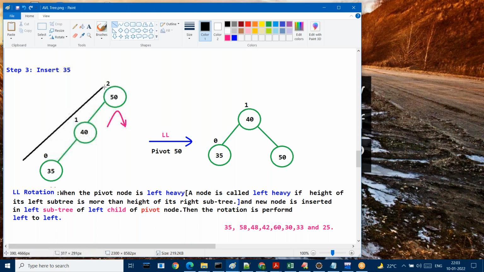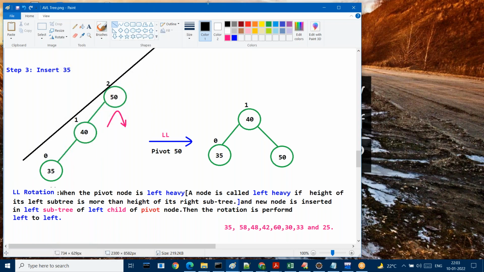So what is the definition of pivot node, sir? In the path from the newly inserted node towards the root node, the node which lost its balance factor and is closest to the newly inserted node is called the pivot node. Why closest? Because multiple nodes can lose their balance factor.